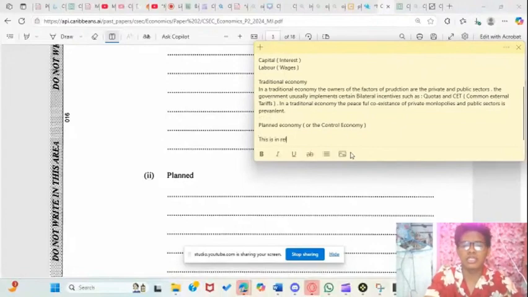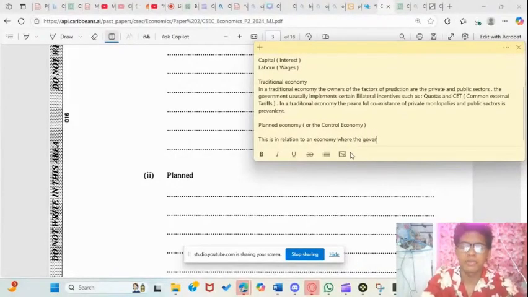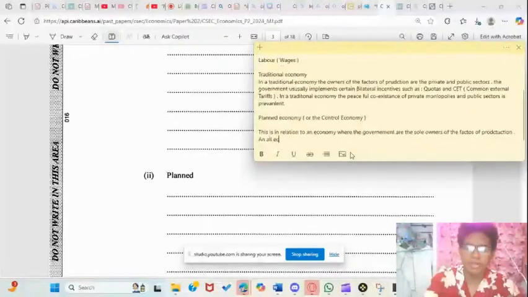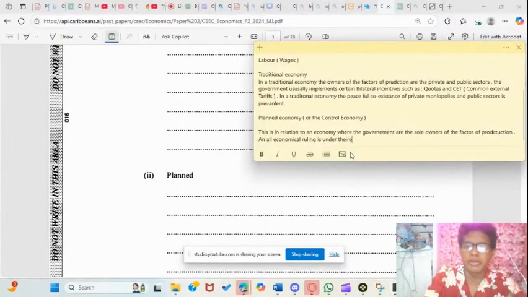This is in relation to an economy where the government are the sole owners of the factors of production, and all economic ruling is under their branch.